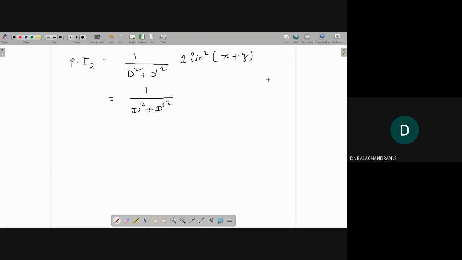You can write sin square theta equals 1 minus cos 2 theta by 2. So 2 sin square theta is 1 minus cos 2 theta. So this is equal to 1 minus cos 2 theta, where 2 theta is x plus y.